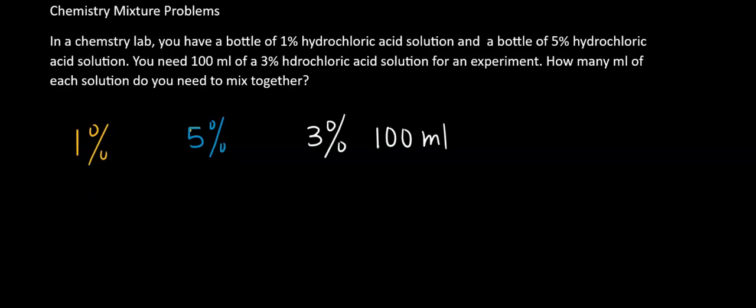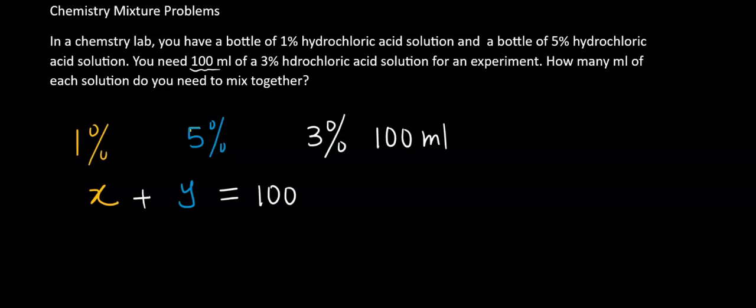Let 1% be X, 5% be Y. If we look at the notes we just took, we know the 5% and the 1%, when we put them together, we're going to have 100 milliliters. Now, let's talk about percentage.